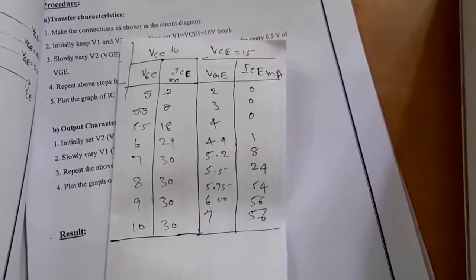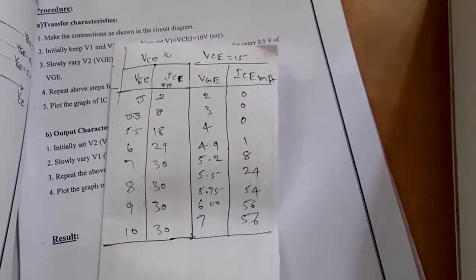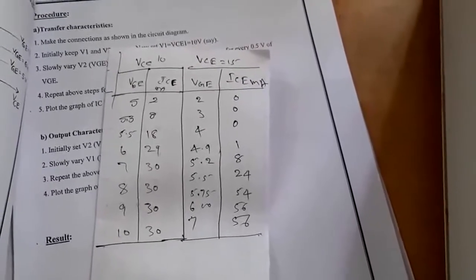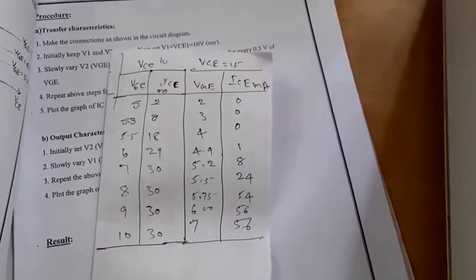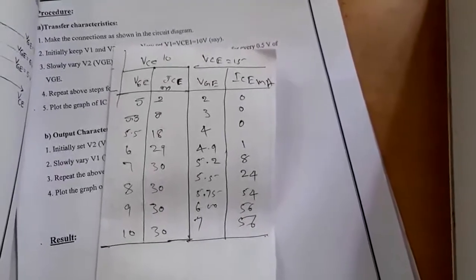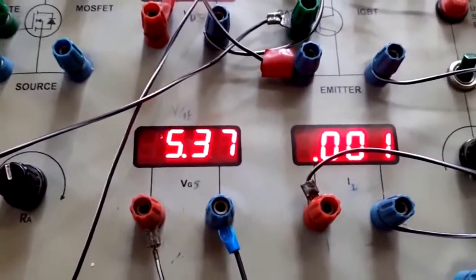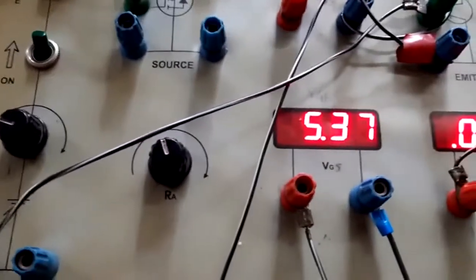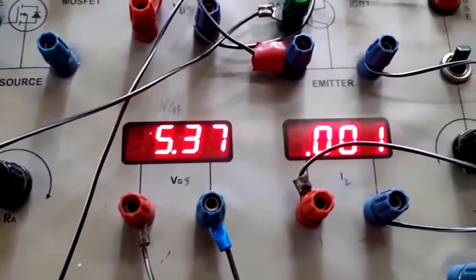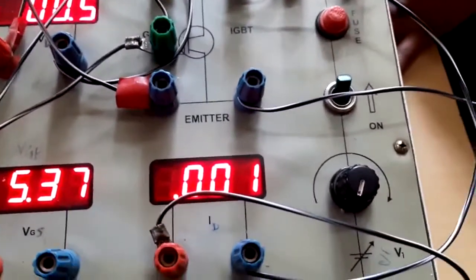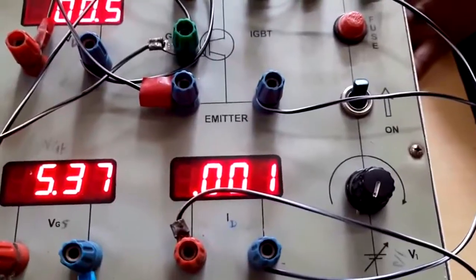Next, what we'll do is, we'll set VGE, gate to emitter voltage, constant, and vary the VCE. Now what we are doing is, we are setting VGE to 5.37 constant, and try to vary the collector to emitter voltage.